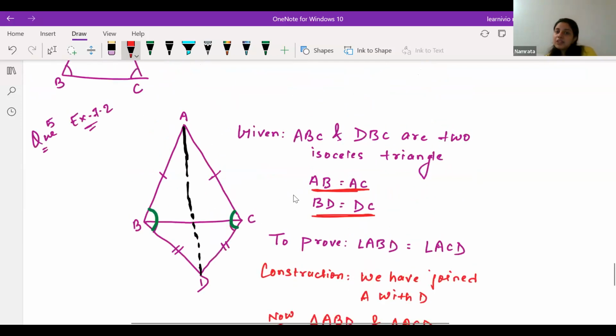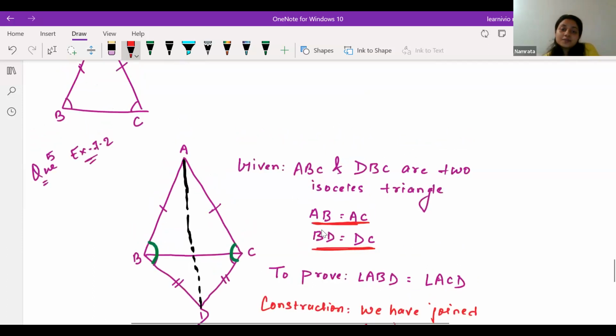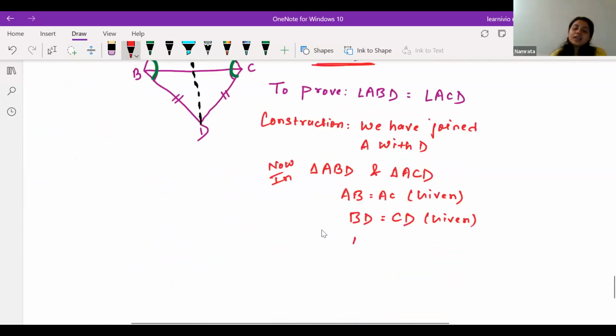Now what else? Can we say AD is equal to AD, because both triangles have one common side, that is AD? Yes, we can say that. Let's write it. AD is equal to AD. Why? Because this one is the common side.